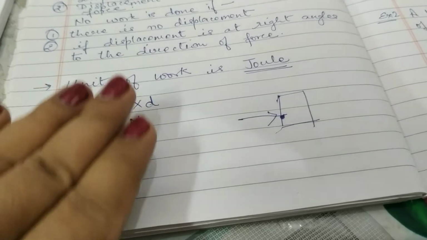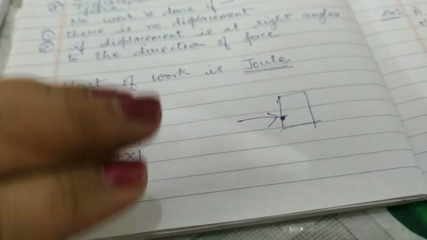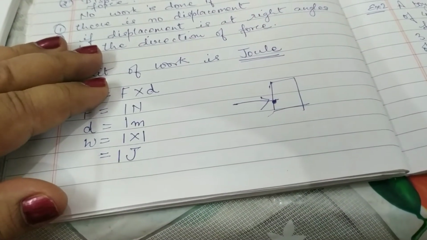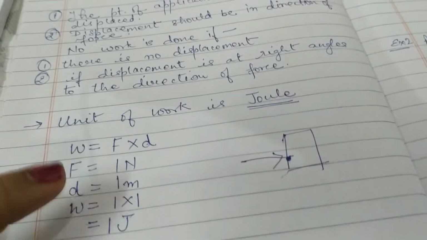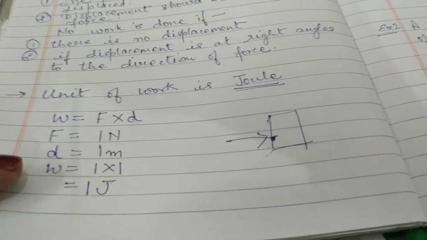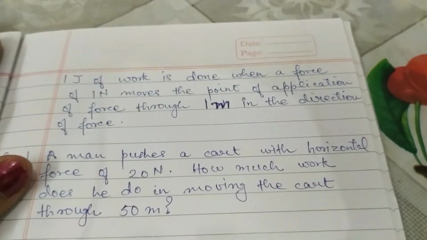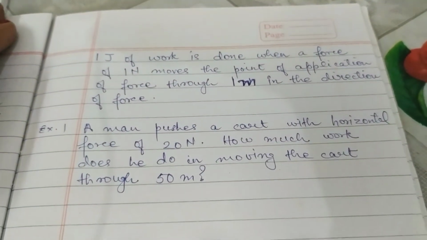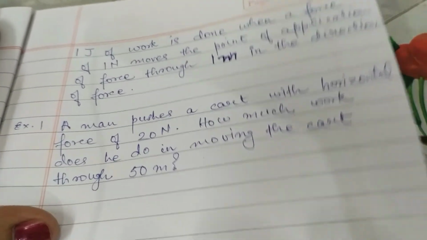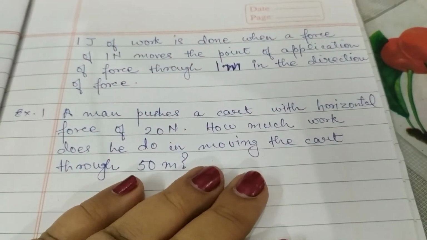Whatever direction I am applying the force, the body should move in that direction only, right? Then we say that this particular force is doing that work. So you can see here, 1 joule of work is done when a force of 1 Newton moves the point of application of force through 1 meter in the direction of force, right?